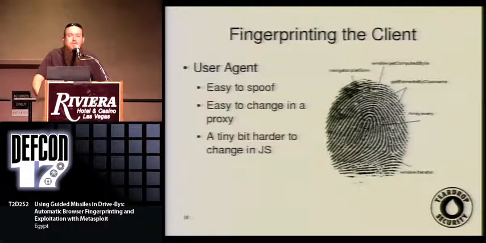In fact, Firefox, Opera, and Safari all have things that allow you to change the user agent to look like IE, because a lot of websites are stupid and broken, and you have to look like IE for their website to work. So they provide a way for you to easily change your user agent, and this totally breaks all of that detection. It's also easy for a proxy to change or just completely remove.